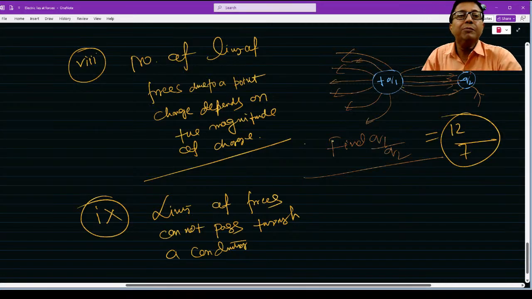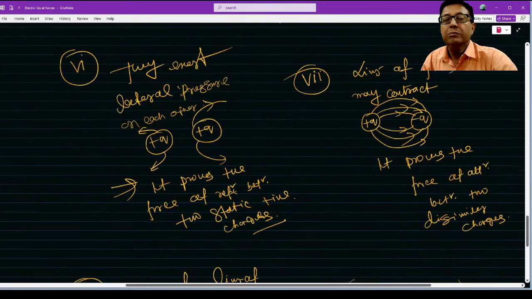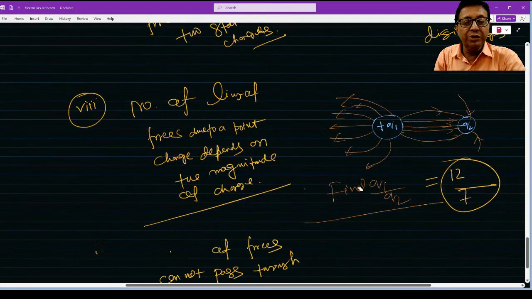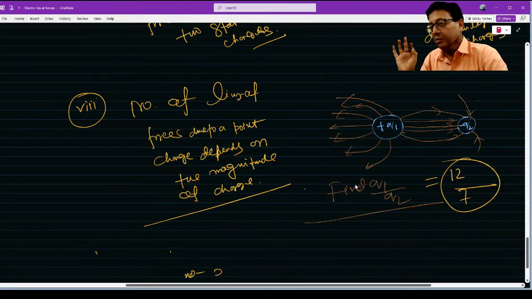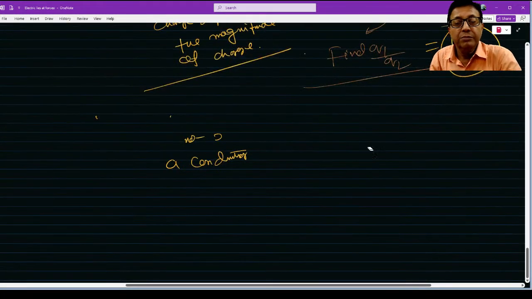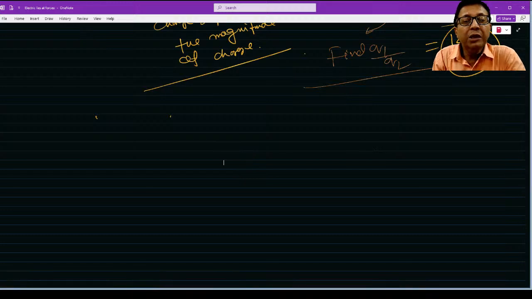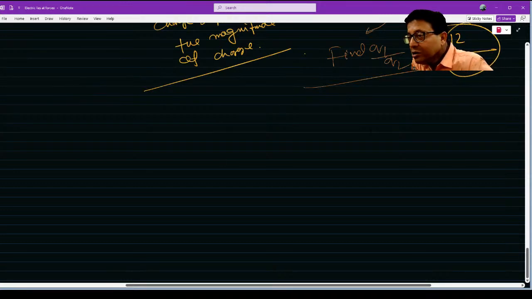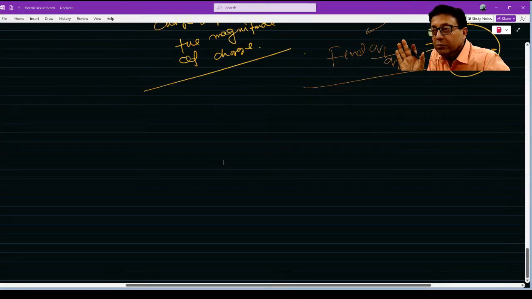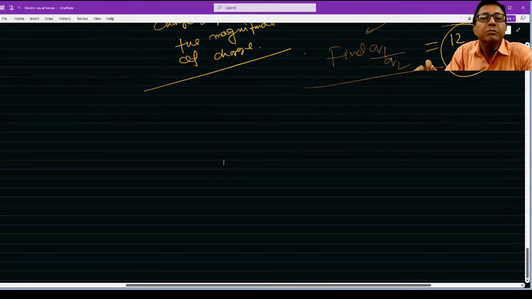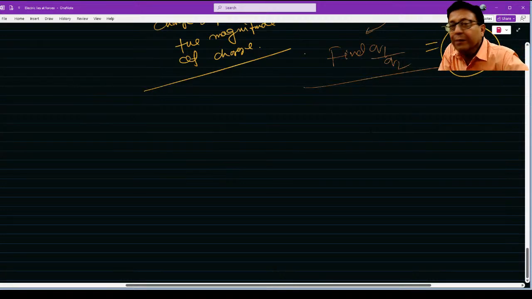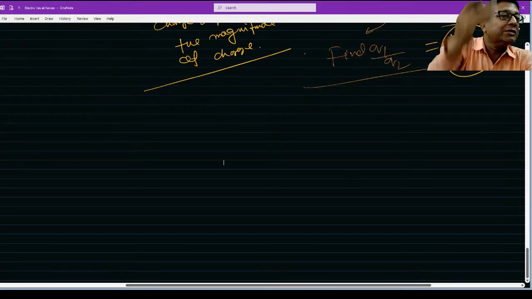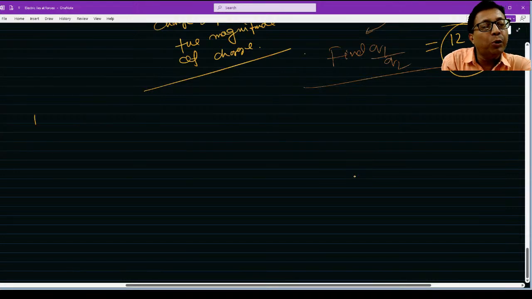I have already told you that they cannot pass through a conductor, already stated. So no need to repeat. These are 8 properties. Okay. Now one very important thing I give you as an introduction. When you start Gauss theorem, this concept will help you. Okay? The electric field strength at a point depends on the number of lines of forces. From the above discussion, we just draw an important conclusion.